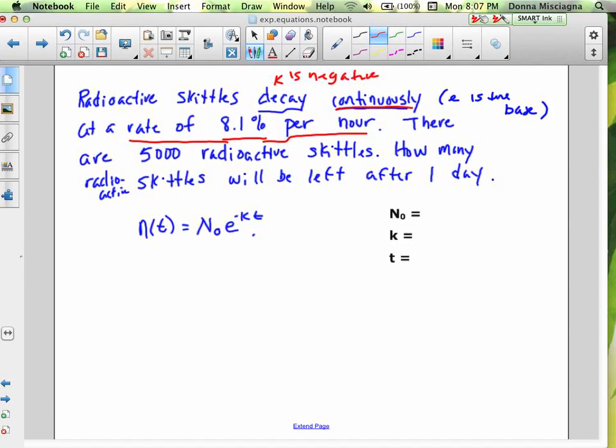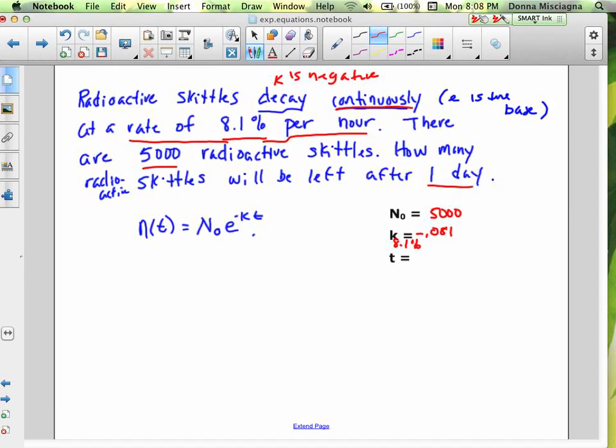So we have, since it's 8.1%, we're going to move the decimal place over 2 places and make it negative. So it's going to be negative 0.081. There are 5,000 radioactive Skittles. That's our starting amount. How many radioactive Skittles will be left after 1 day?